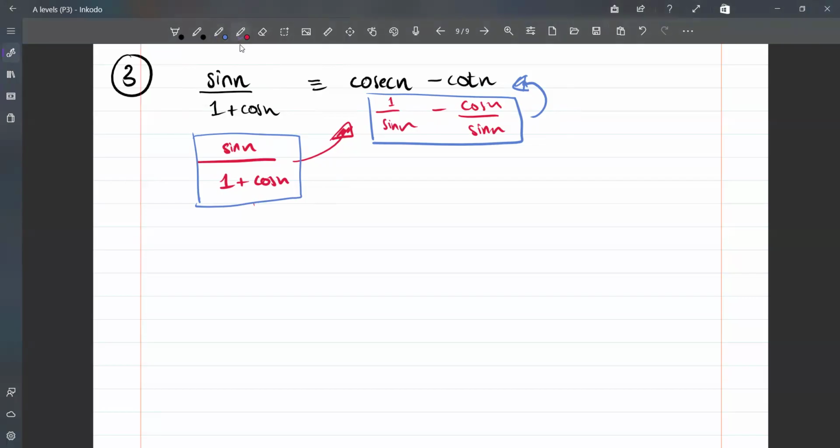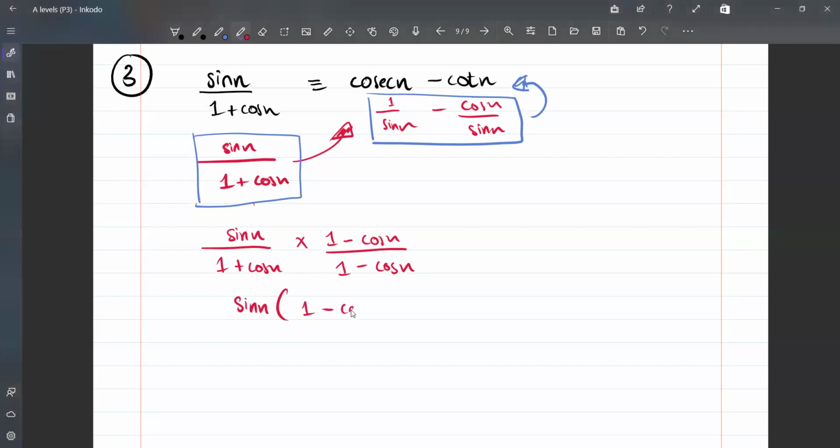So what we can do here is multiply sine x upon 1 plus cos x by its conjugate. If we do not do this, we have unfortunately no other option. So we are going to just multiply it by its conjugate. Okay. So that gives us sine x, 1 minus cos x upon 1 plus cos x into 1 minus cos x.